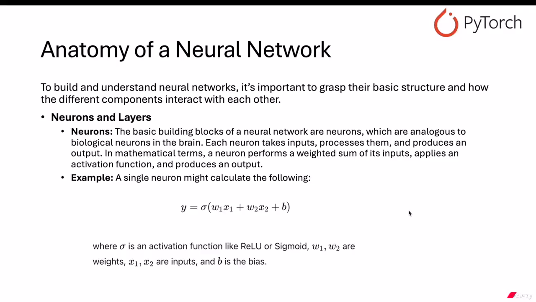In mathematical terms, a neuron performs a weighted sum of its inputs, applies an activation function, and produces an output. A single neuron might calculate the following: y = sigma(w1*x1 + w2*x2 + b), where sigma is an activation function like ReLU or sigmoid, w1, w2 are weights, x1, x2 are inputs, and b is the bias.